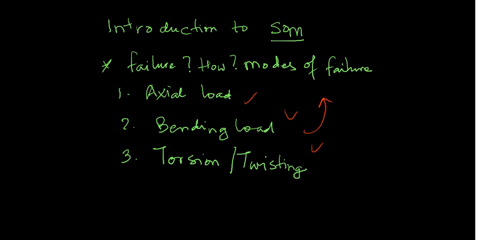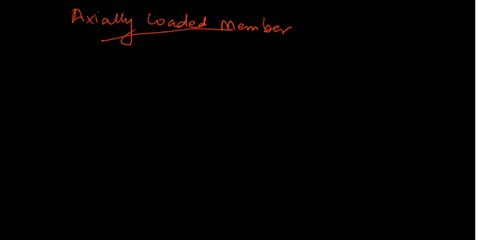Let's first of all describe an axially loaded member. Now this is an axially loaded member. Let me just give you a very simple diagram for an axially loaded member.